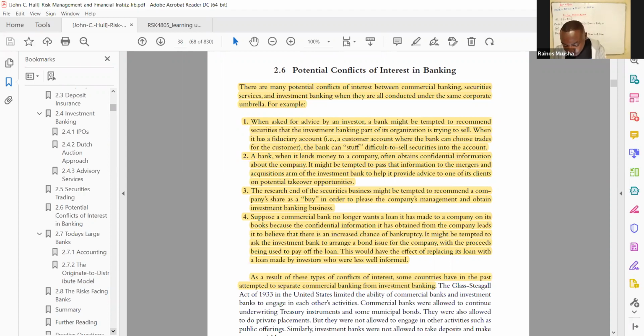It might be tempted to ask the investment bank to arrange a bond issue for the company, with the proceeds being used to pay off the loan. So this would have the effect of replacing its loan with a loan made by investors who are less well informed. So as a result of this type of conflicts of interest, some countries have in the past attempted to separate commercial banking from investment banking activities of the bank as well.